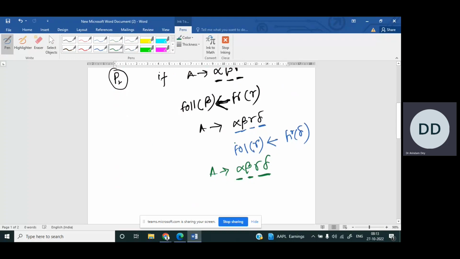For that scenario, follow of beta will be the first of gamma delta. The idea is very simple. The first of the third segment will be the follow of the second segment. So whatever value I get in the first of the third segment, gamma delta, will be assigned to the follow of the second segment.